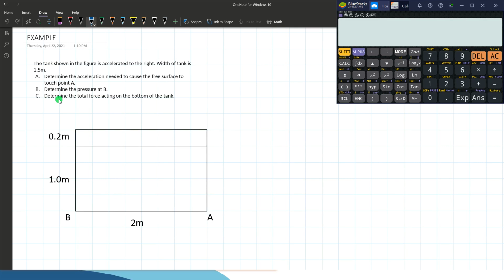This tank is a closed tank, so there will be no water spilled out of this tank. Okay, let's say it is moving to the right. I have an acceleration here.